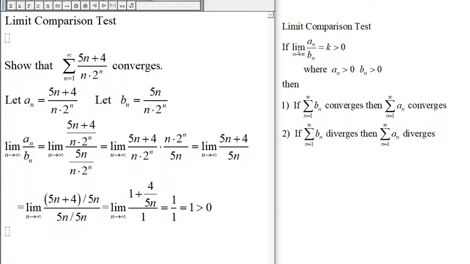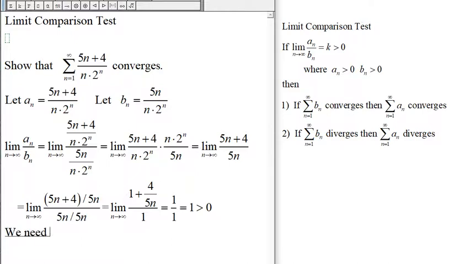So we have shown the first part. We've shown that the limit of a sub n divided by b sub n is equal to a positive finite number. And so the objective here is to show this series converges. We have to do one more step. We have to show that the b sub n converges also.